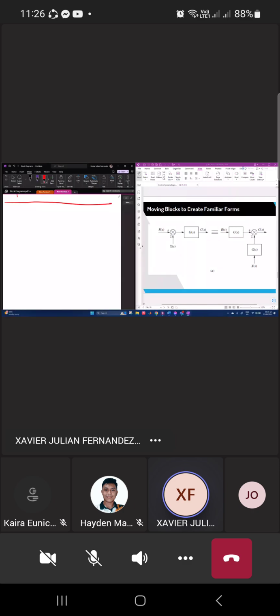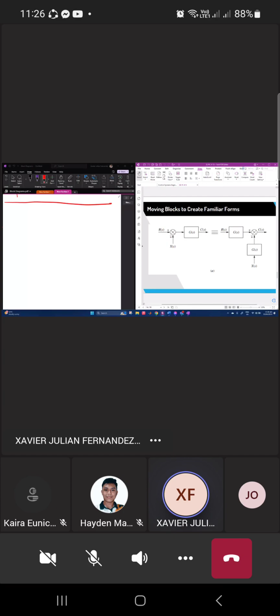Meaning you have to do a little manipulation of your current block diagram. So this block diagram is similarly equal to this one. Let's check if they're true.